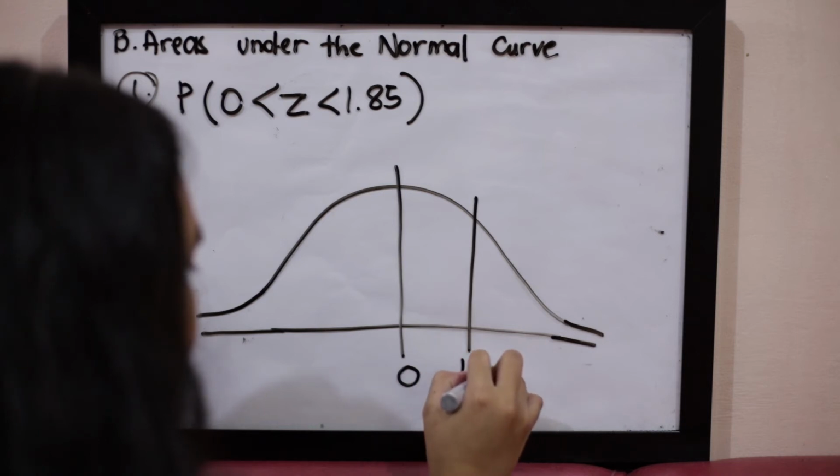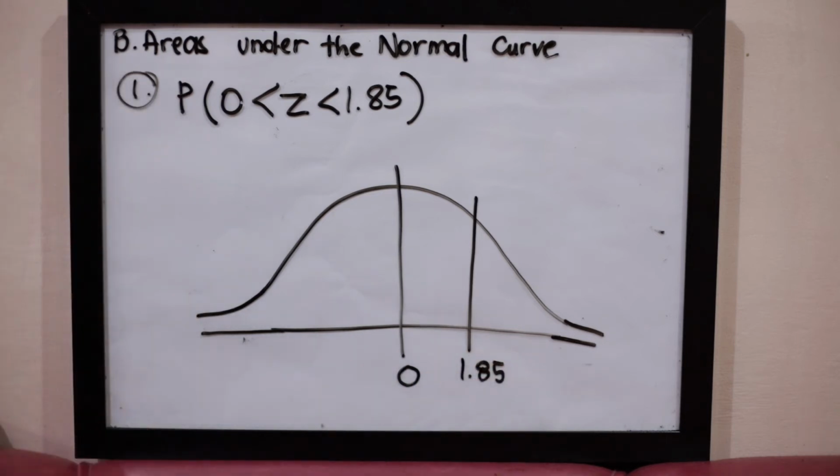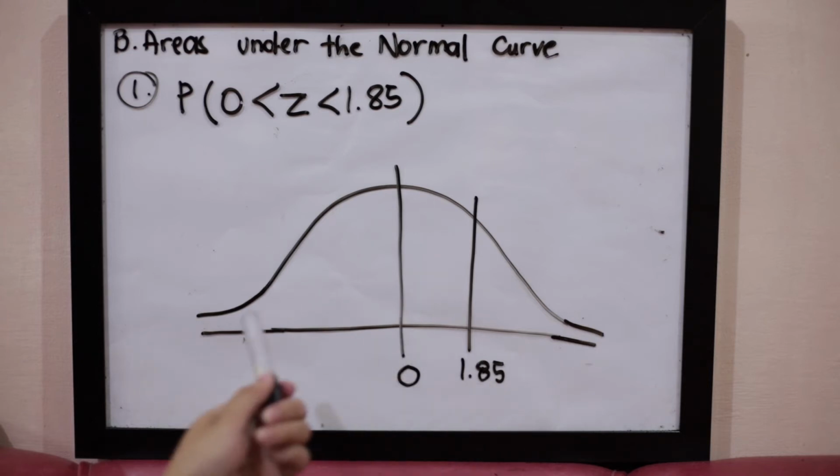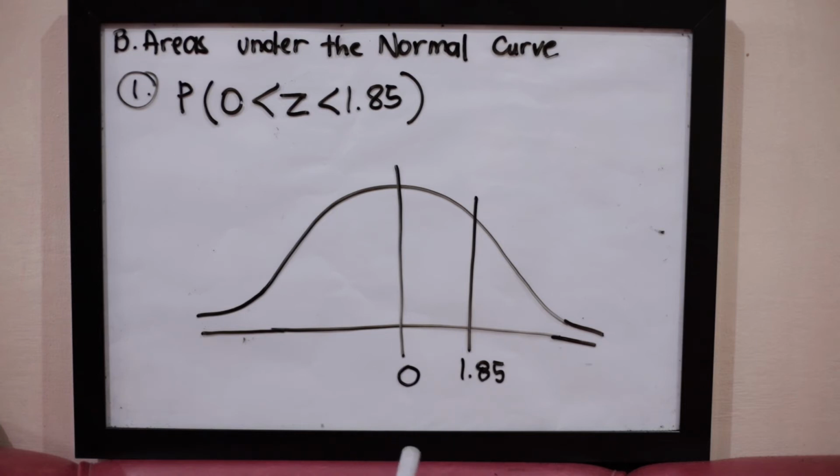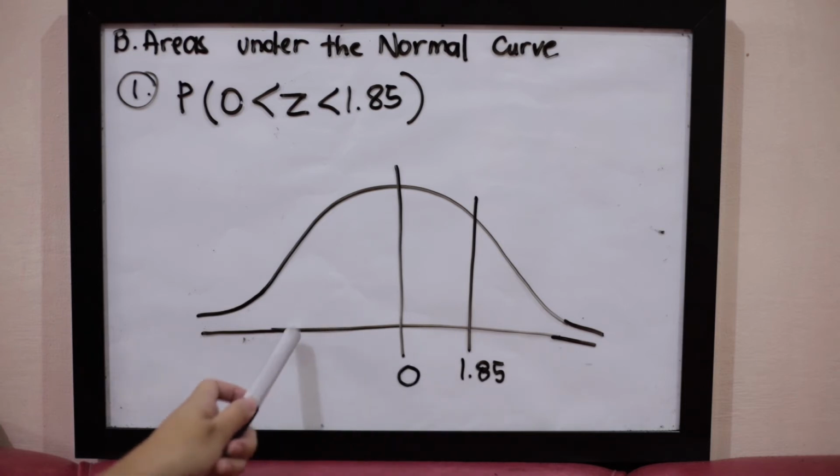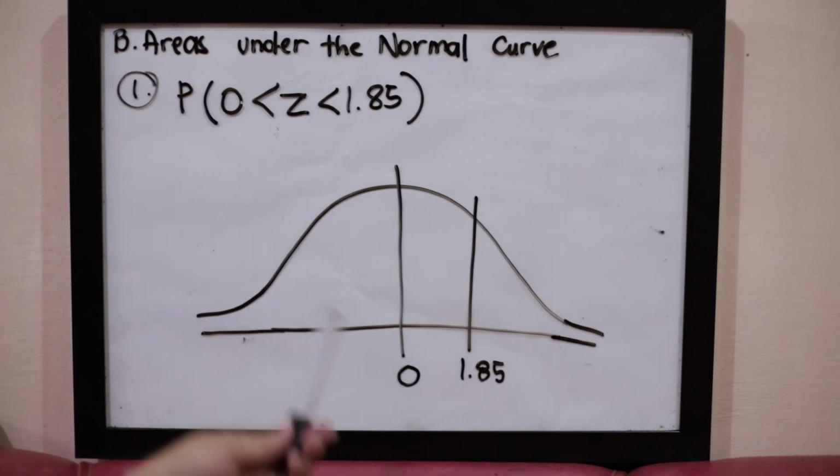Ma'am, kami bahala kung nasan yung 1.85? Yes po. As long as you will plot it right na. Since this is positive, it should be on the right side of 0. If you will plot 1.85 here, then that would be wrong. Next.